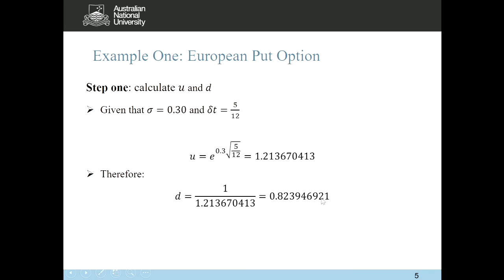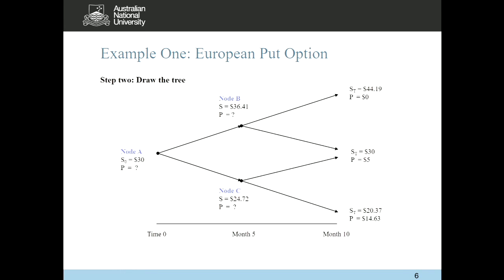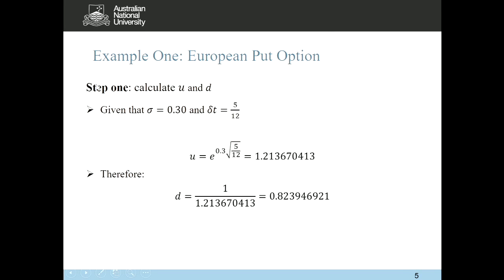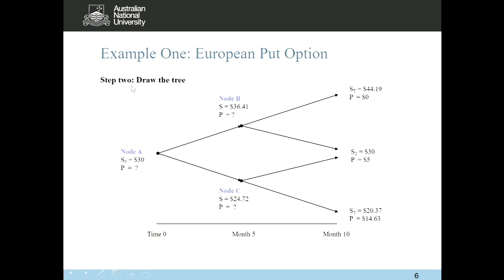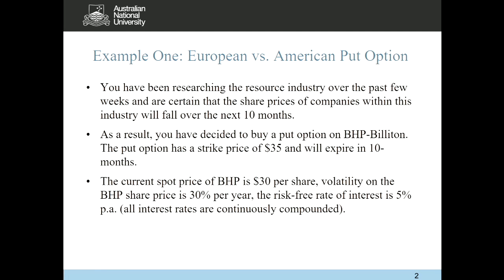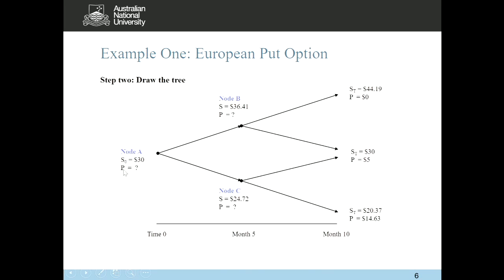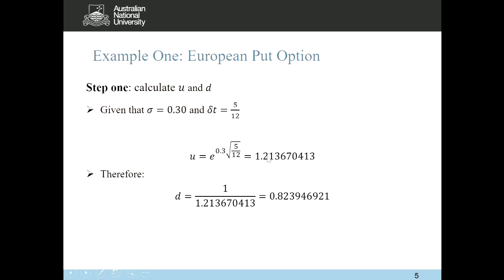Right? So once we have our u and d, the next step you should do, so that's the first step, as I indicated here. Then the second step you should do is to simply draw the tree. Right? Remember how we draw the tree? Going back to the question, so we were told the current spot price for BHP is $30, right? Then we start with $30 today, and then we take that $30, we multiply by the proportional increase, the little u. And we know what the u is. U is 1.213, right?